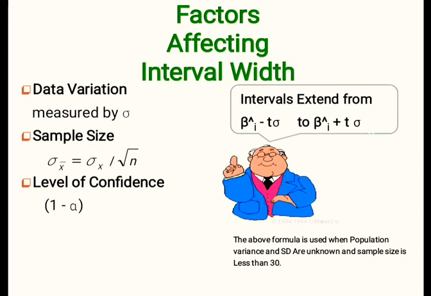We see here that the interval extends from beta 1 cap minus t alpha by 2 into standard error. This is one limit of the confidence interval, that is beta 1 cap minus t alpha by 2 into standard error, and the other limit of the confidence interval is calculated by beta 1 cap plus t alpha by 2 into standard error.